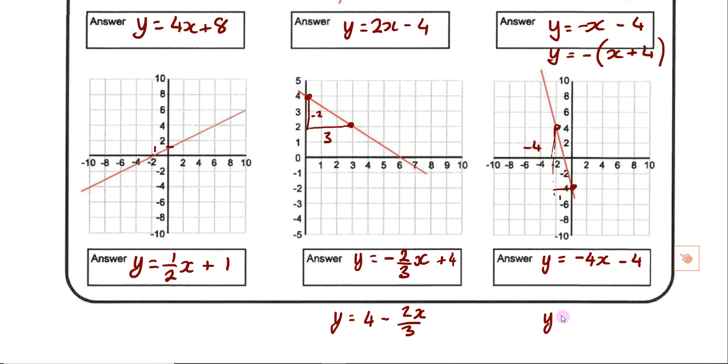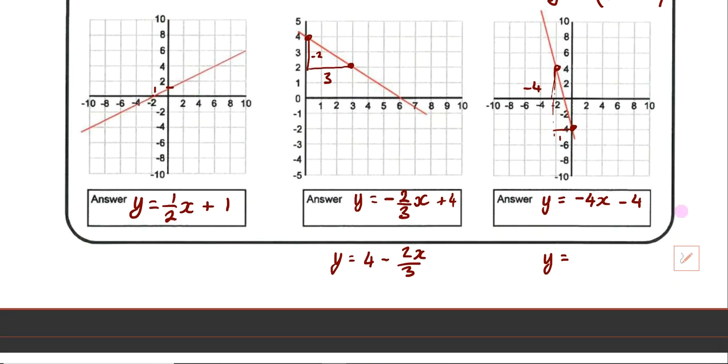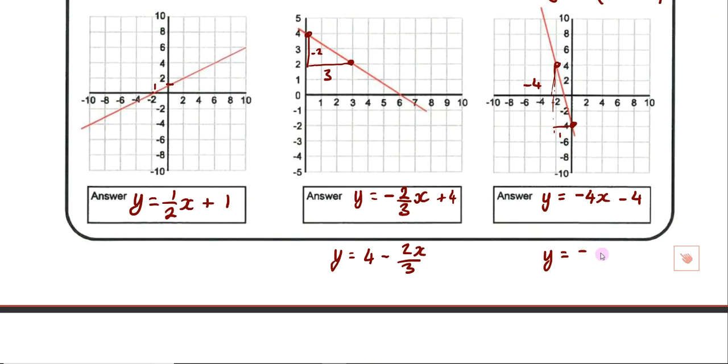How could I rewrite that using the same thing I did before? Negative, bracket, 4x plus 4. Yeah, that would be one way. Another way to do it, just to show you, is to write it as negative 4 times x plus 1. We don't have to. I'm just showing you all these things that you have learned how to do, we can use them in that way.